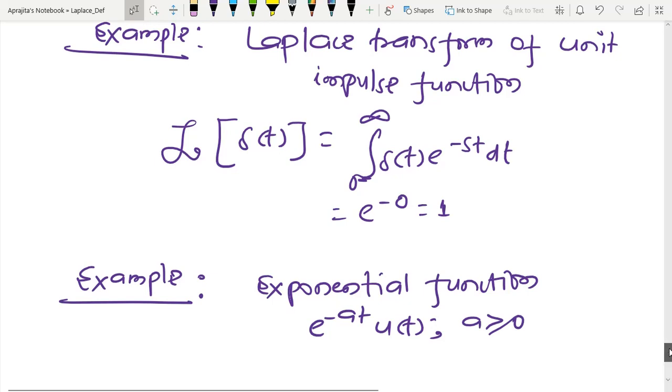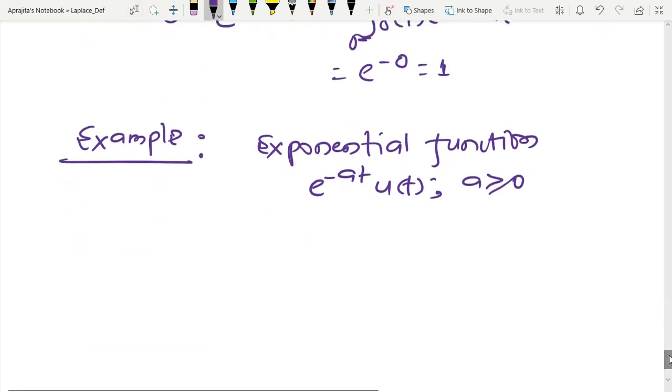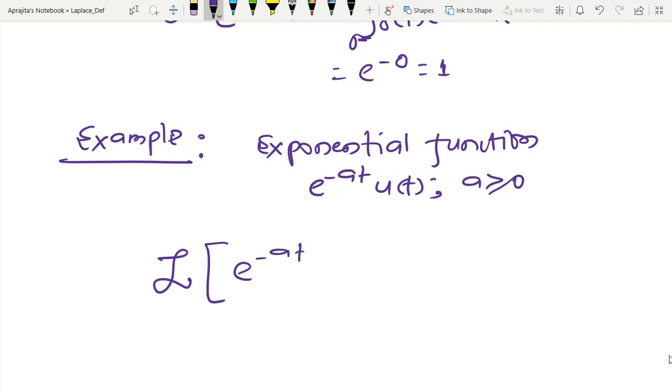Again, the motivation to multiply with ut is that I am just going to consider something from t equal to 0 to infinity.